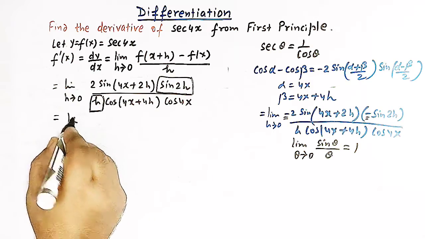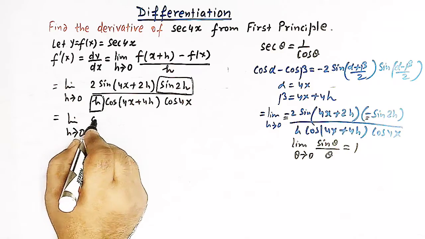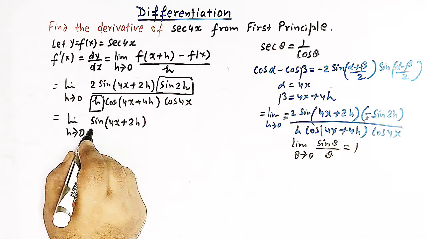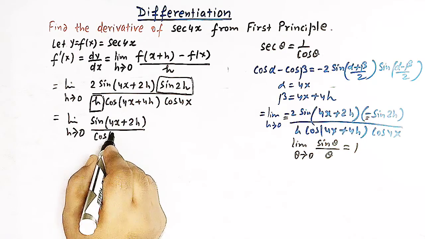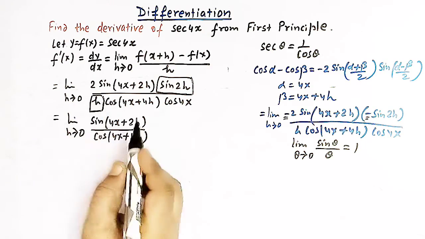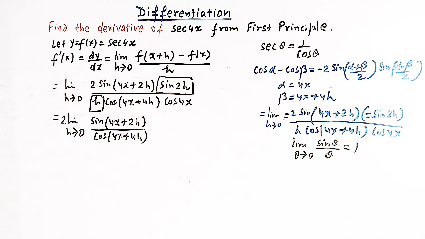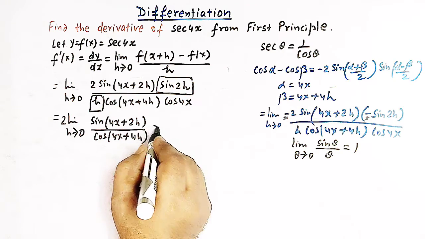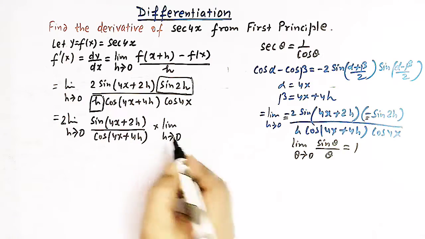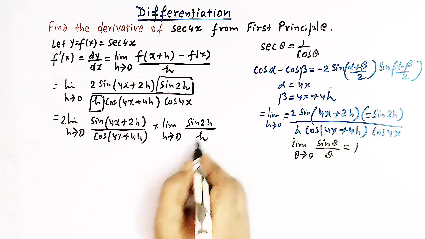So we write limit h tends to 0 of sine 4x plus 2h divided by cosine 4x plus 4h, and then the factor 2 can be taken outside, and then limit h tends to 0 of sine 2h divided by h.